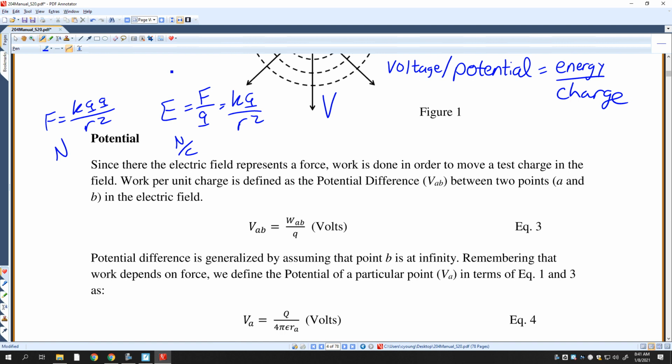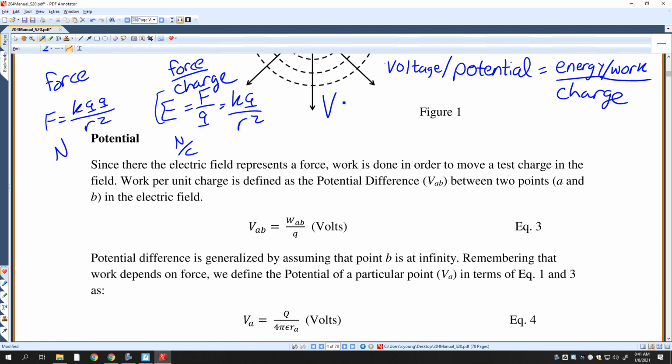So whereas the electric field was a force per charge, my potential is energy per charge. And of course, by the work energy theorem, we can also say that this is a work per unit charge. So we have this progression from our electric force to our electric field to our electric potential or voltage.